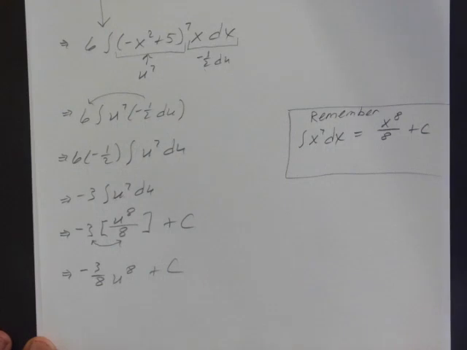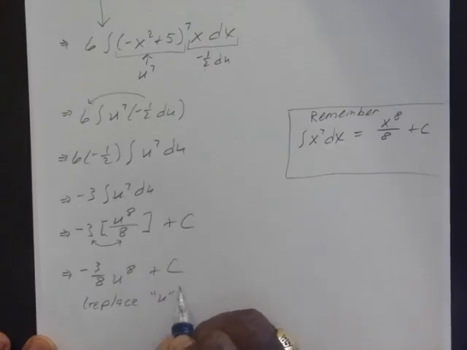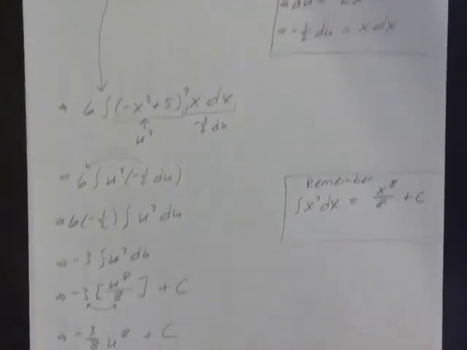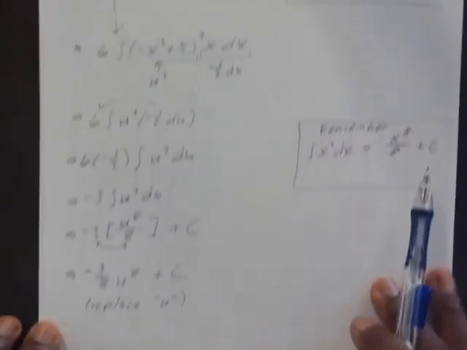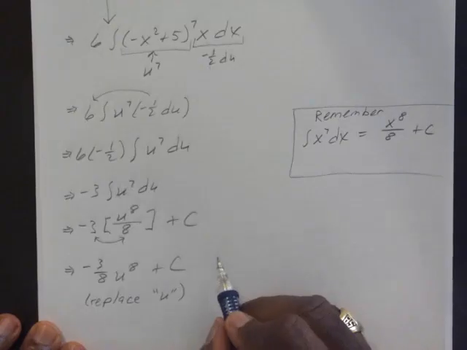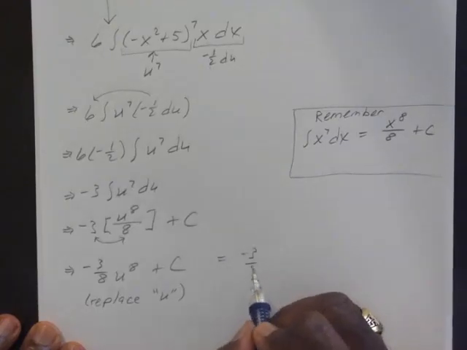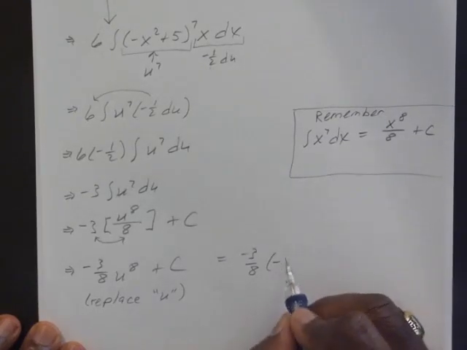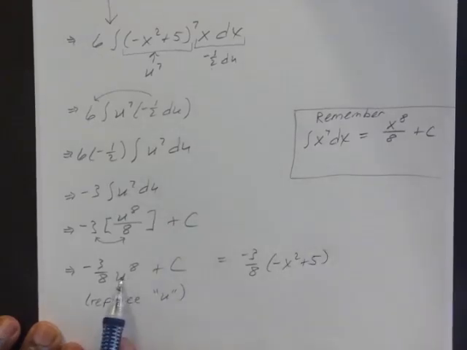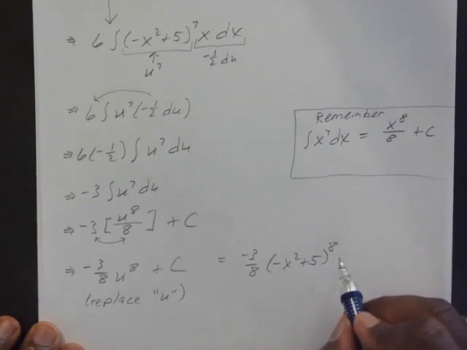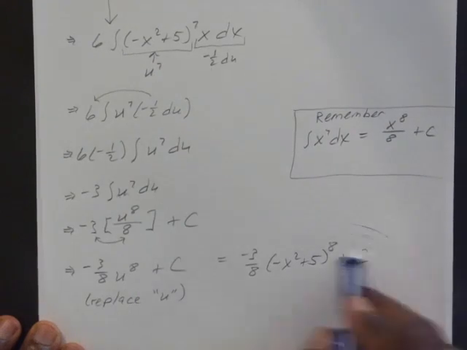Okay. So once it's all integrated and simplified, the only step left is to replace your u. And we had u is equal to negative x squared plus 5. That's equal to negative 3 over 8 times (negative x squared plus 5) to the 8th power, because it's u to the 8th power, plus c.